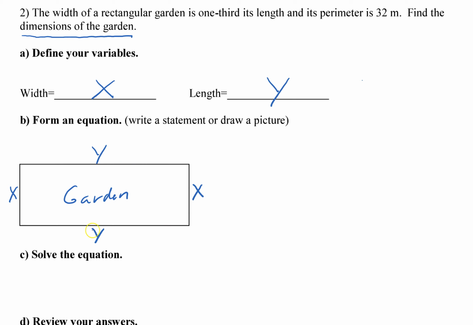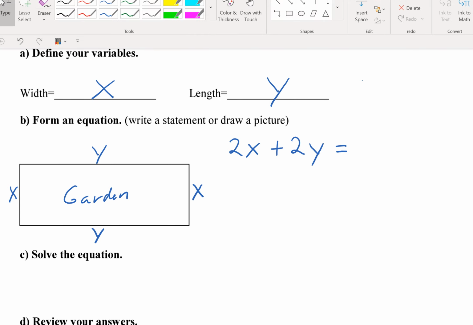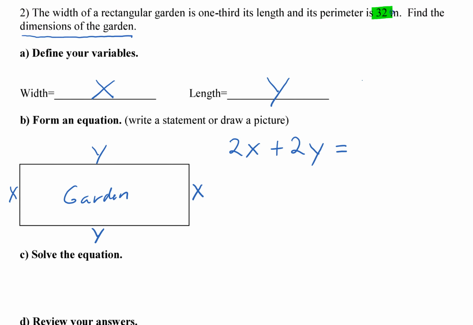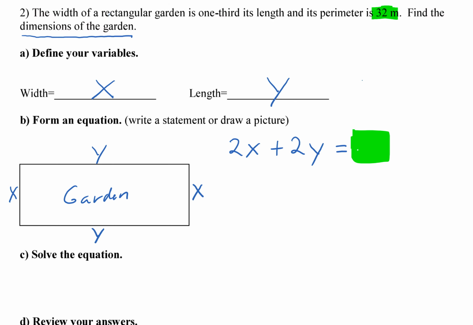So you have two y's and two x's. So two x's plus two y's, just to keep it in alphabetical order, equals our perimeter, which is the distance around the outside of this rectangular garden, 32.